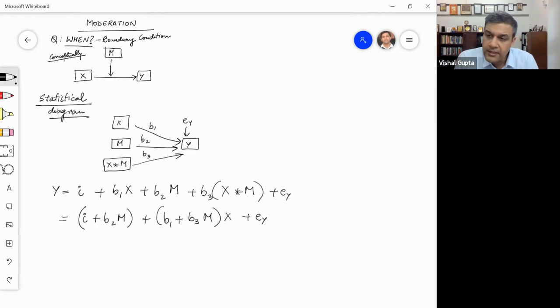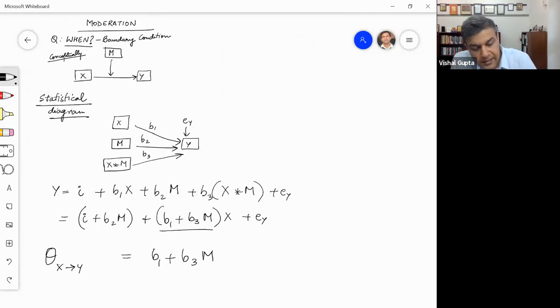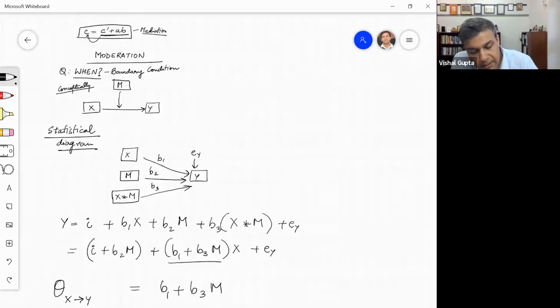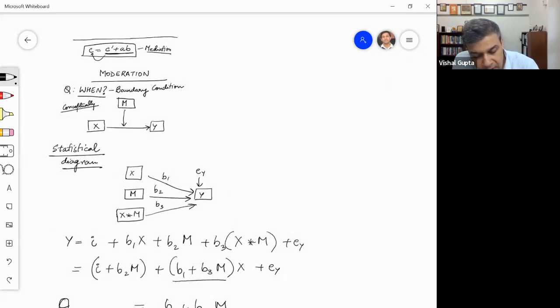Look at what has happened. If I were to say what is the effect, let me denote the effect of X on Y by theta. Now it has become what? What is the regression coefficient? It is B1 plus B3 times M. B1 plus B3 times M. Okay, so again, emphasizing that when we were talking about mediation, we always said that the total will add up.